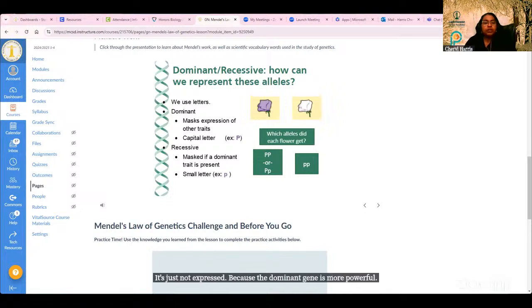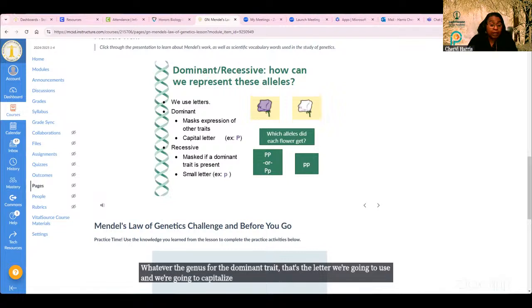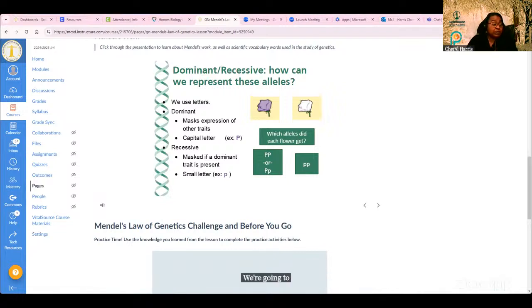Okay, so again, for the recessive gene, in other words, white, we don't have a P and a W. Whatever the gene is for the dominant trait, that's the letter we're going to use, and we're going to capitalize the dominant trait. We're going to use the small letter for the recessive trait. So that's why you have a capital P and a lowercase p.